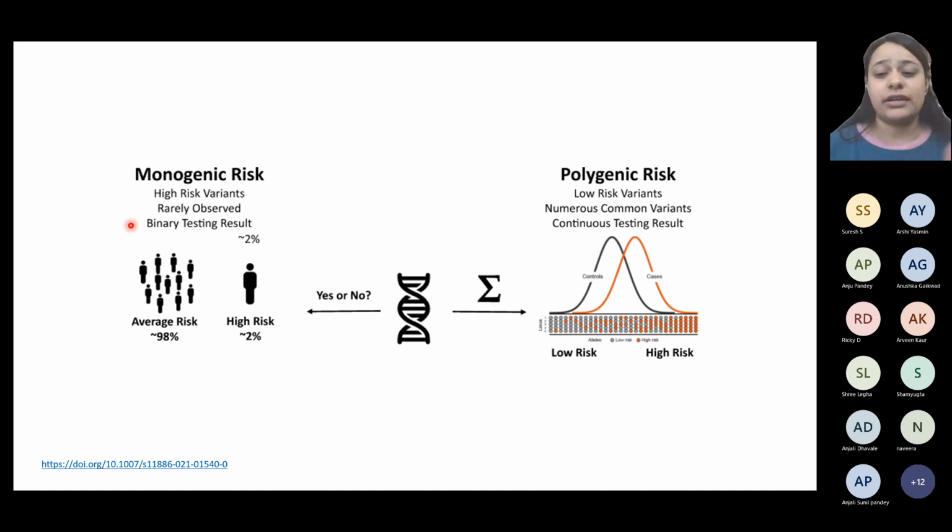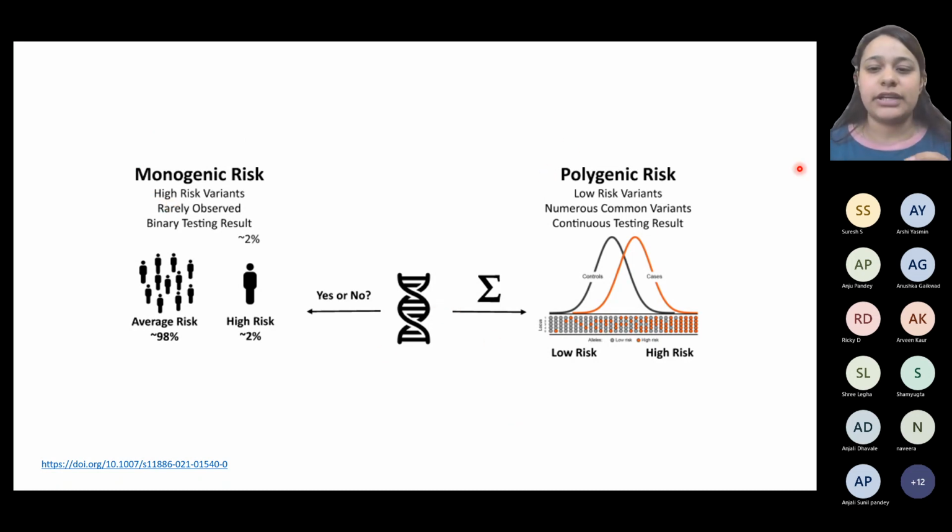That in case of monogenic disorders, if you have the risk factor, you will probably get the disease. If you don't have the risk factor, you will not get the disease. It is very highly unlikely, or only rarely observed, that a risk factor for a monogenic disorder will appear in a normal population, right?